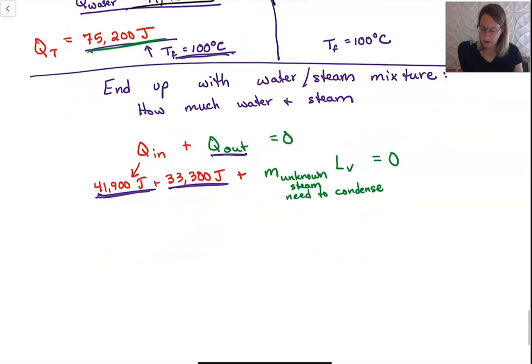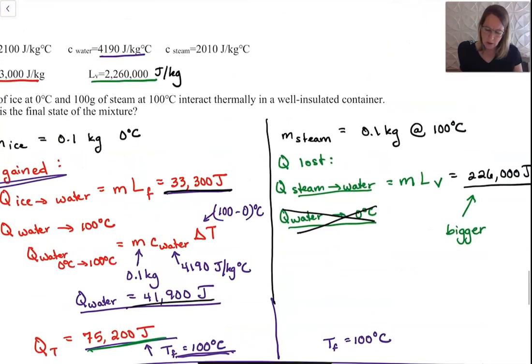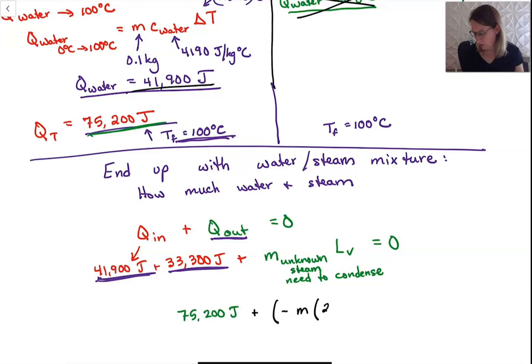And so when we set up this equation, this becomes 75,200 joules plus, then we have a negative mass that's unknown times our latent heat, 2,260,000 joules per kilogram, must equal 0.